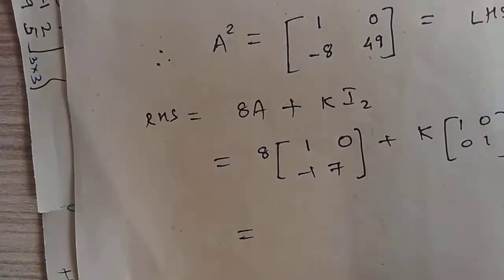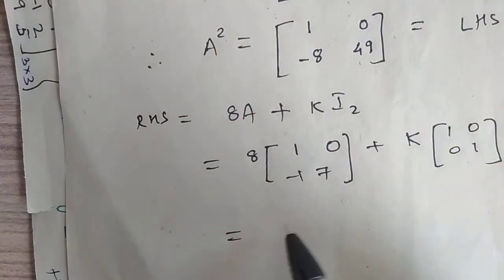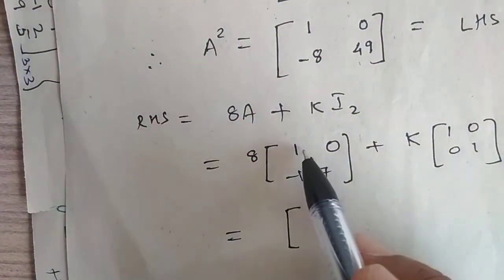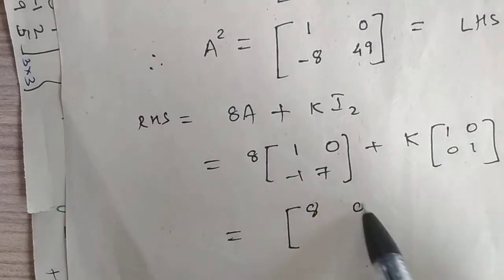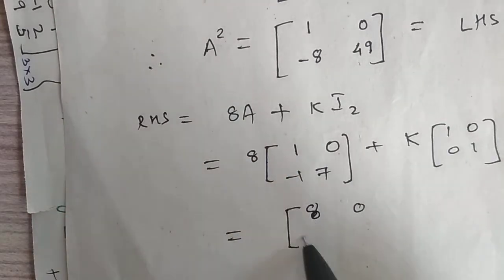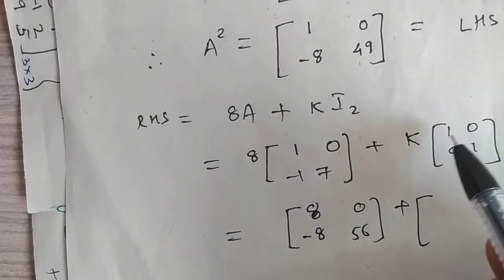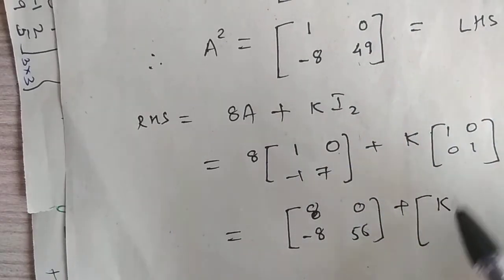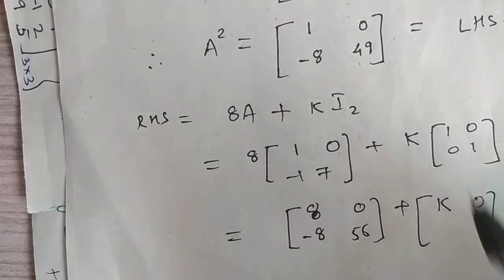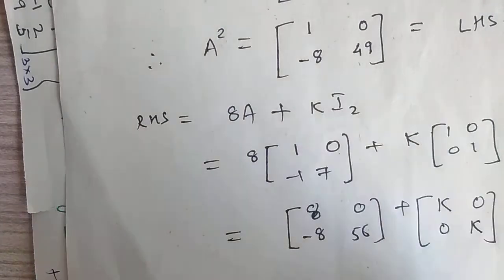After calculating, we get [8, 0; -8, 56] plus [k, 0; 0, k], since 8 times 1 is 8, 8 times -1 is -8, 8 sevens are 56, and k into 1 is k, k into 0 is 0.